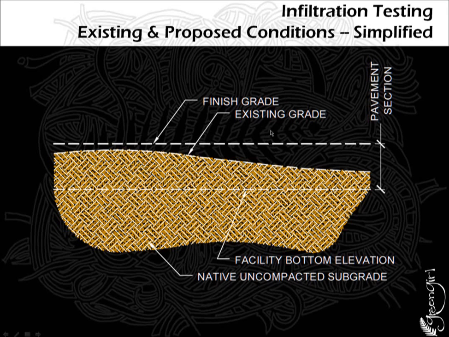You want to do this early in the site planning, but you don't want to do it so early that you don't know where the pavement's going to go or how deep it might be. So you take a guess at that from experience, and this is why you work with a civil engineer and a geotechnical engineer.